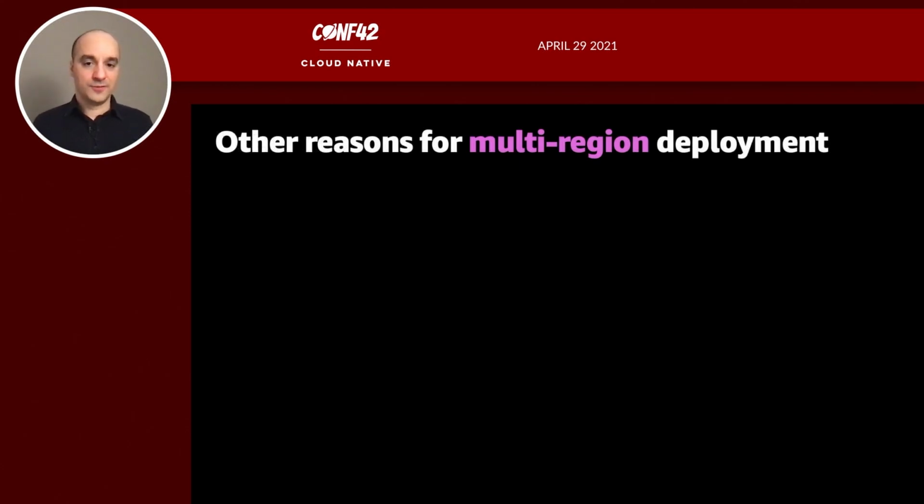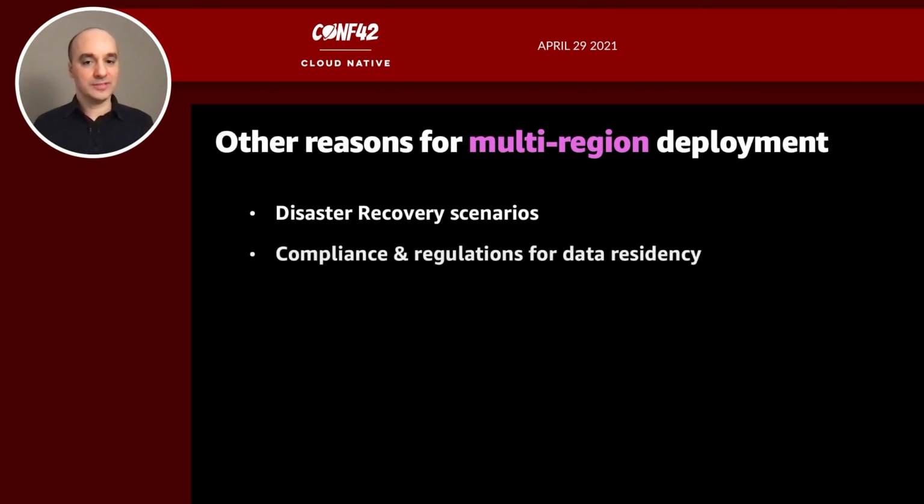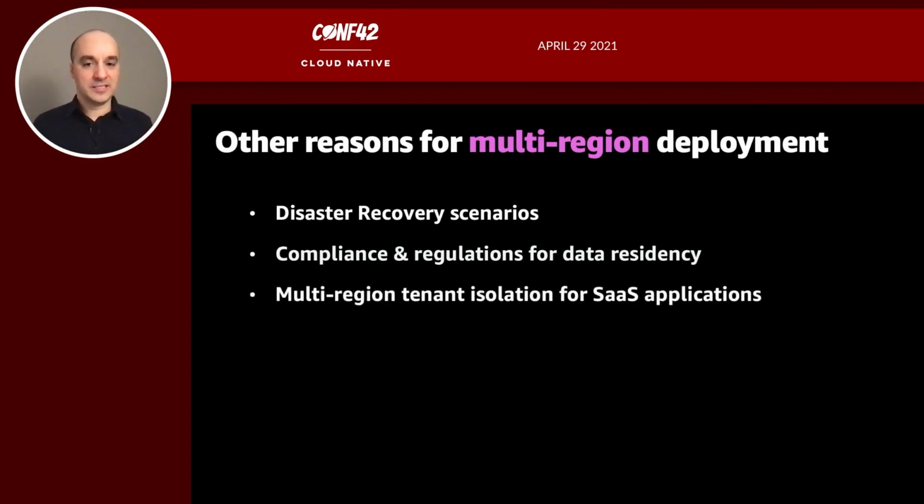Other use cases for multi-region deployment include disaster recovery, where multi-region is a standard practice to keep your disaster recovery environment on a different region. Also, data residency, where multi-region is a solution for compliancy and regulation when you need to keep the data of your users within the region of those users. There's also software as a service applications, where multi-region is a standard practice for tenant isolation.